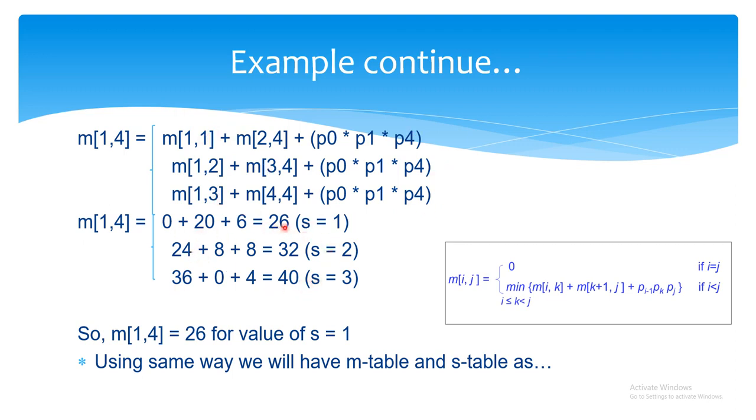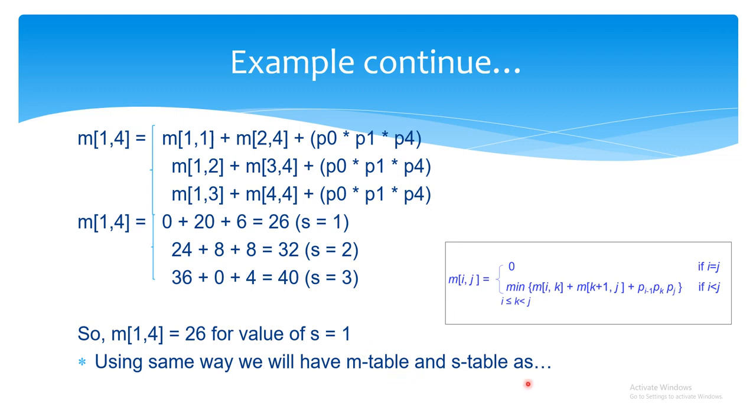This is equation number 1, this is number 2, this is number 3. Equation 1 has the minimum value, 26, and at that point the value of k was 1. So M14 is equal to 26, and the value of k in the S table is equal to 1.